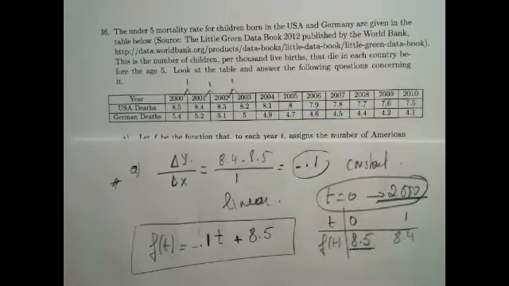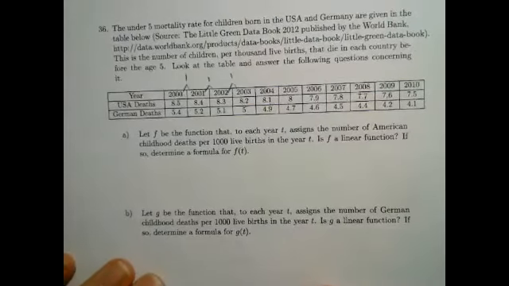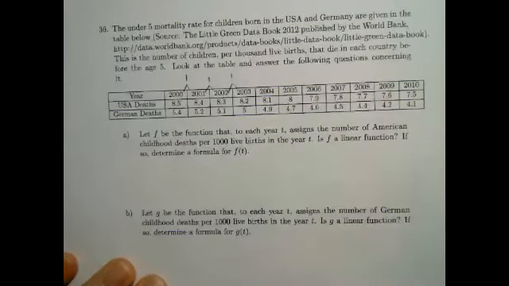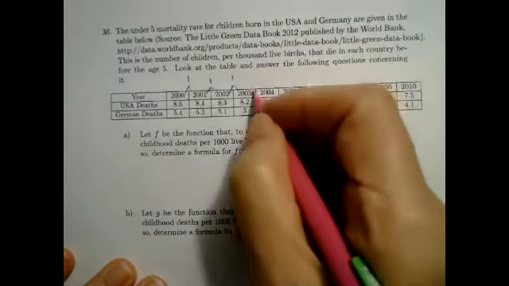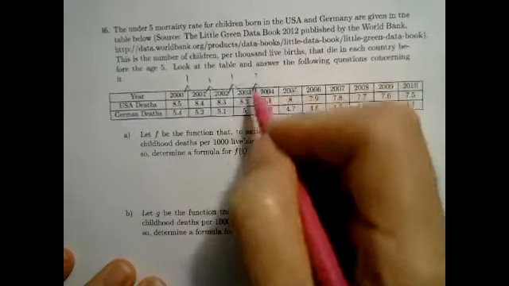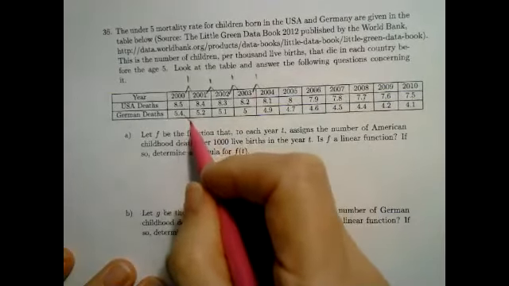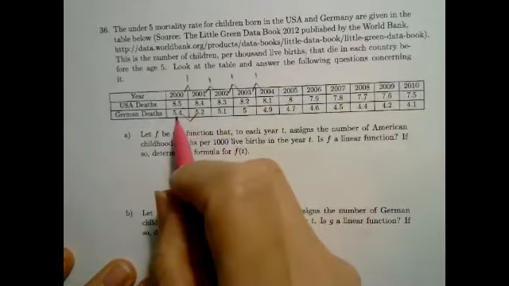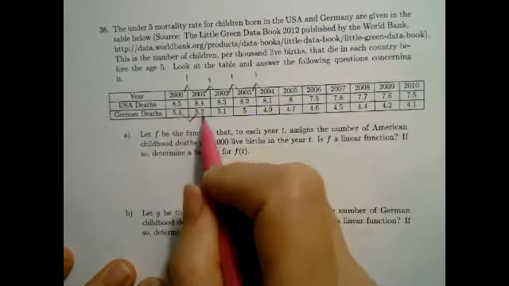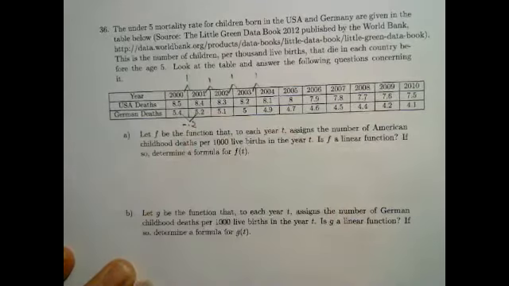Very good. Now, what about Germany? The question is, is G linear? It means, are we going down at a constant rate? They don't have to give me the same change in input, but here they give it to me every year. So for Germany, from here to here, it was 5.4 per thousand, then 5.2, so we went down by 0.2.